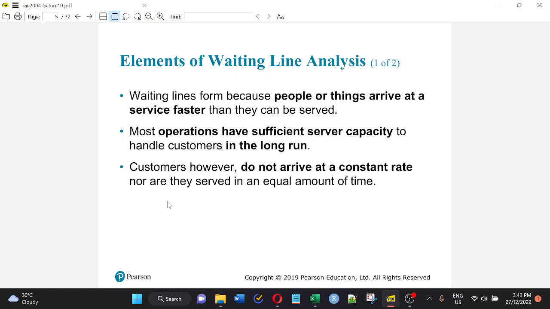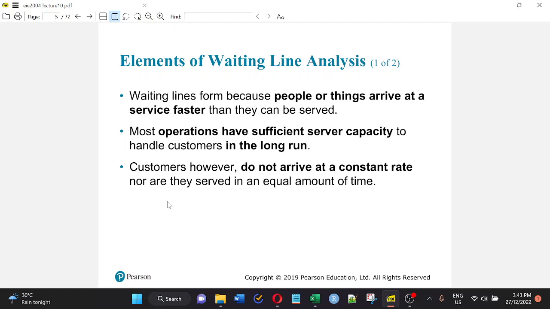A waiting line forms because people or products arrive at a service faster than they can be served. For example, if a customer comes to the store every 5 minutes and there's only one cashier, in a small store, and the cashier is able to serve this customer within 1 minute, then because the service time is less than the arrival time, there will be no queue.